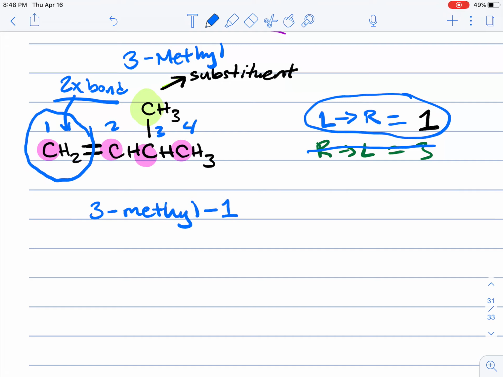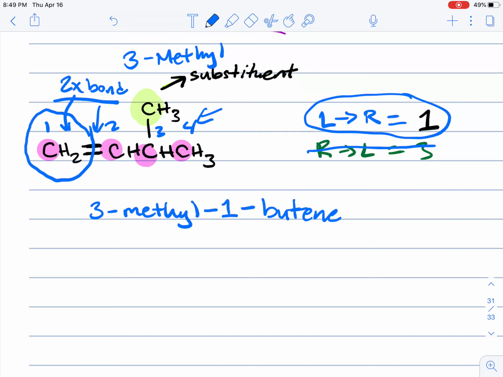And then I can describe my parent chain. Since it's a 4-carbon parent chain, I'm going to use but as my prefix. And then since I have a double bond, I'm not going to say ane, I'm going to say ene.